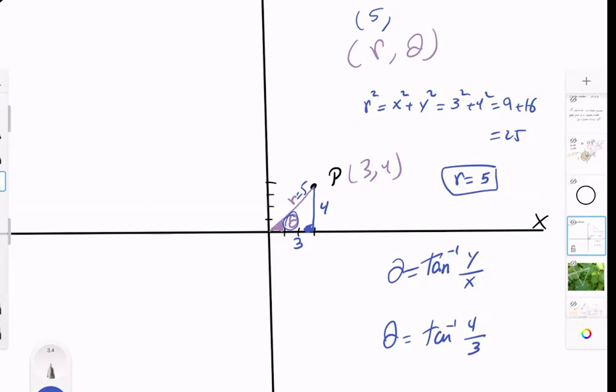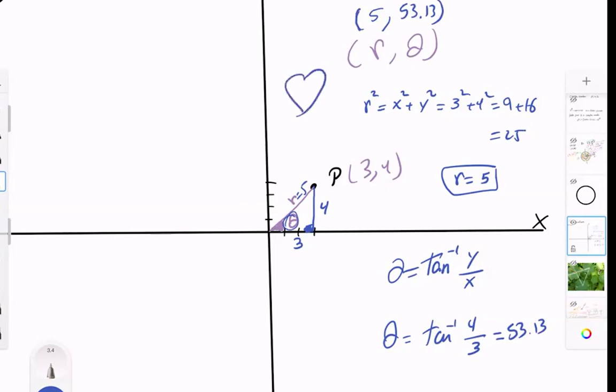Or Brian? Okay, it's 53.13. So theta will be 53.13, so 5 comma 53.13. In your exam, if theta is in radians, you need to convert it to radians.